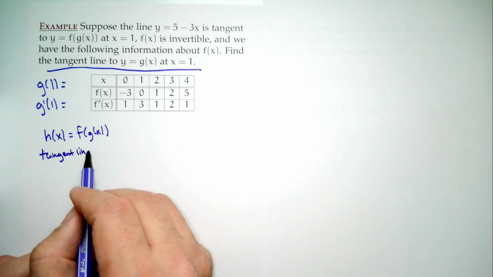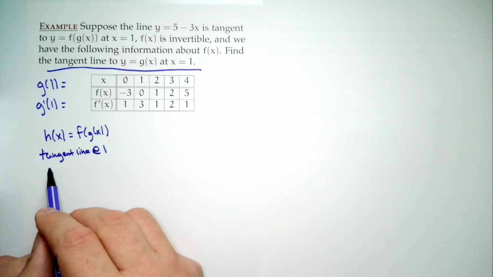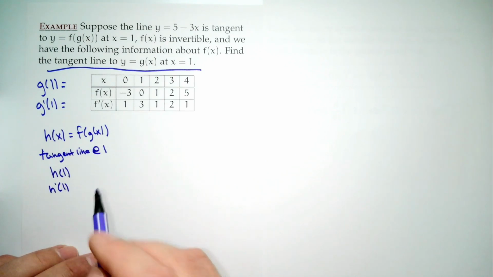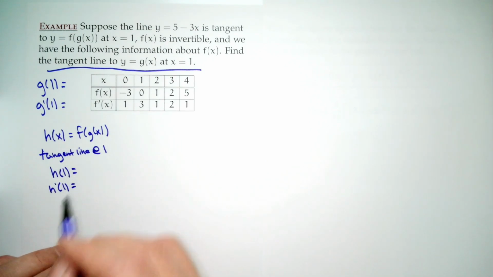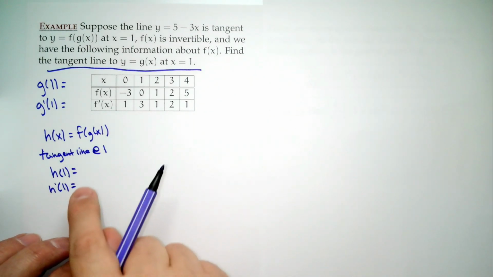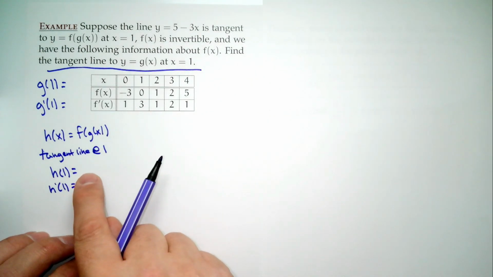The tangent line at 1 tells us that we know what h of 1 is and what h prime of 1 is. This is a philosophy you should always keep: think of a tangent line as giving two pieces of information, the value of the function at that point and the value of the derivative at that point. You should be comfortable going back and forth. So we have the tangent line at 1. What is h of 1?